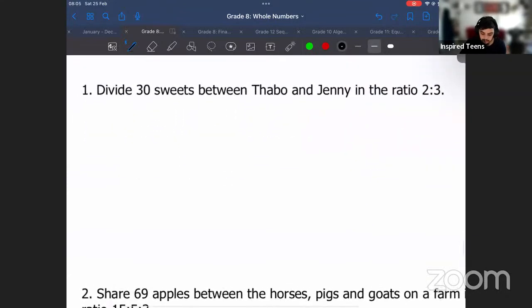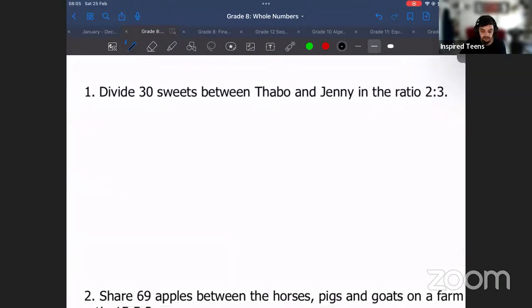Now let's do an example that's slightly more complicated. It says, divide 30 sweets between Thabo and Jenny in the ratio 2:3. Now in this case, it's not a 1-to-1. Maybe this number is not so difficult, so we can predict it. However, numbers can be high and it's not easy to predict, but then we follow the method.